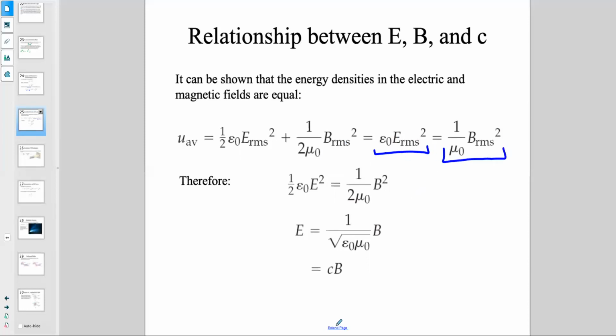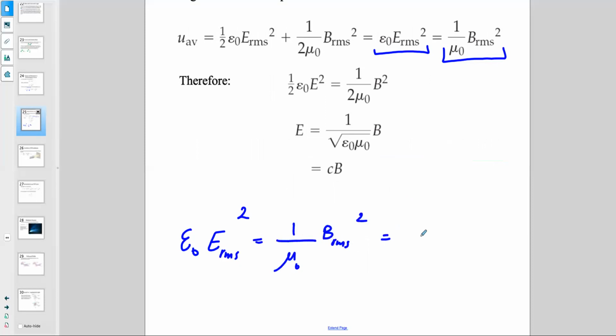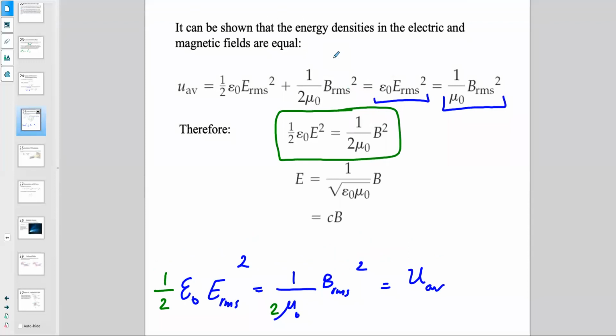In other words, if I have epsilon 0 E RMS to the power of 2 being equal to 1 over mu 0 B RMS to the power of 2, which is the U average, then if I just multiply everything by half, so 1 over 2 here and 1 over 2 here, then we have this relationship, meaning that the energy densities both for the electric and magnetic field are equal.